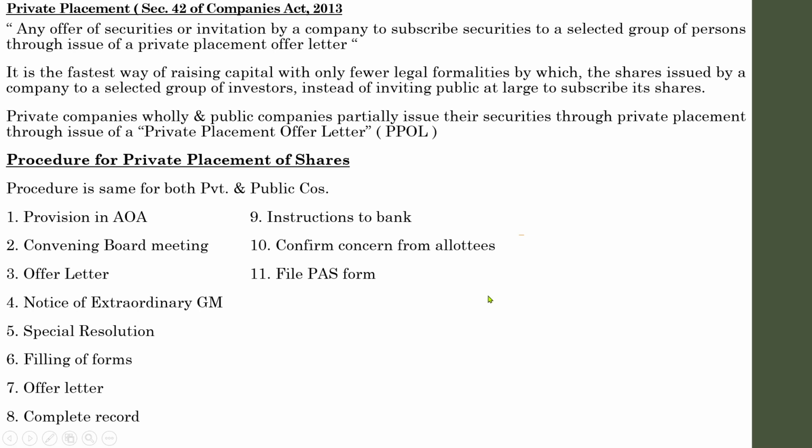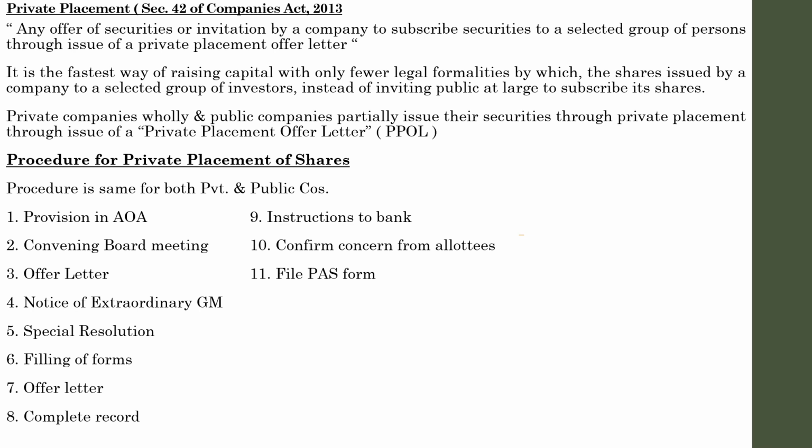The PAS4 and PAS5 are to be filed with the Registrar of Companies within 30 days of issue of the offer letter. So remember the dates with regard to the activities taking place in the private placement of shares. Certain dates are there, and they should be kept correct.